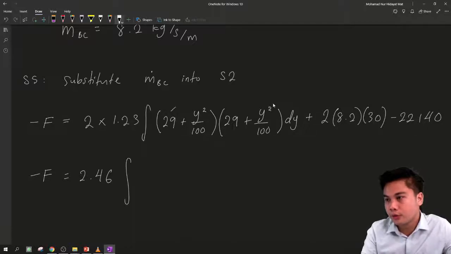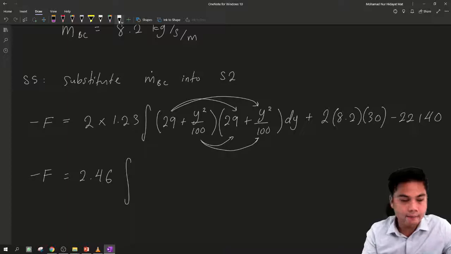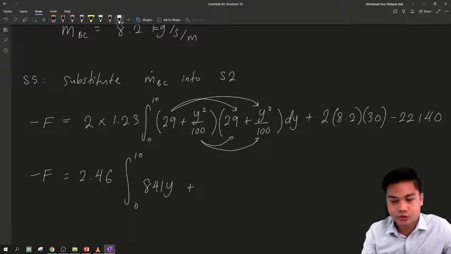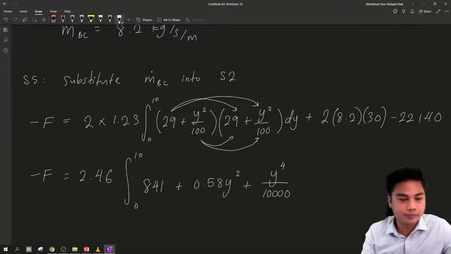We multiply this out, and you will get, from 0 to 10, 841 plus 841 plus 0.58 y squared plus y to the power of 4 over 10,000, dy.